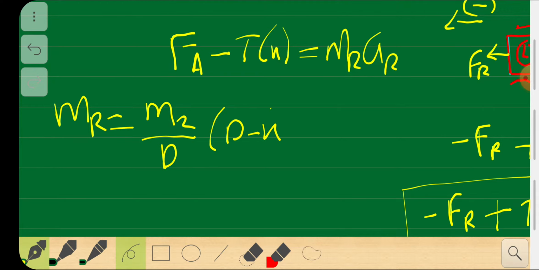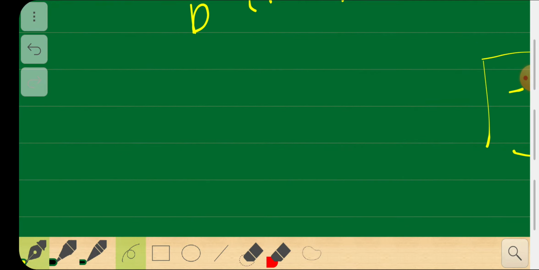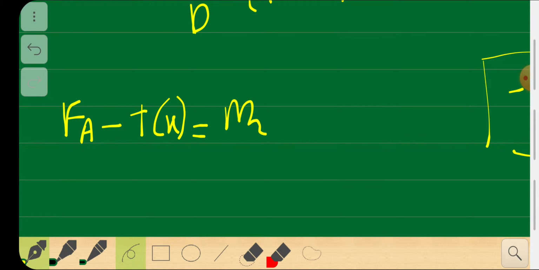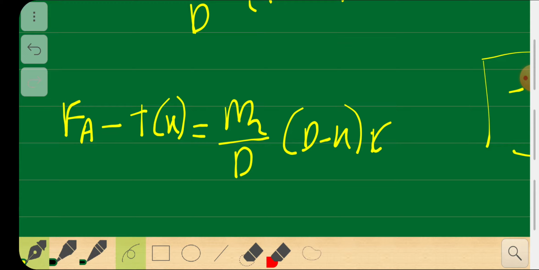Now you can substitute that back into this equation, and you get Fa minus T of x must be equal to m2 by d times d minus x times ar, right? Okay, so we got that equation.